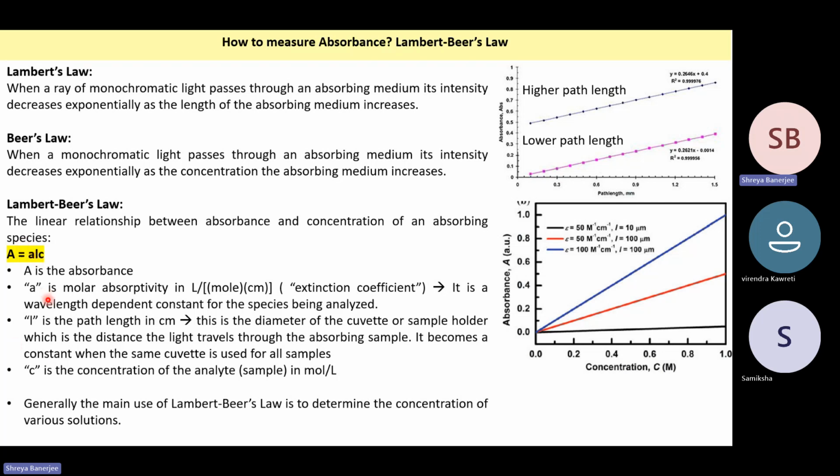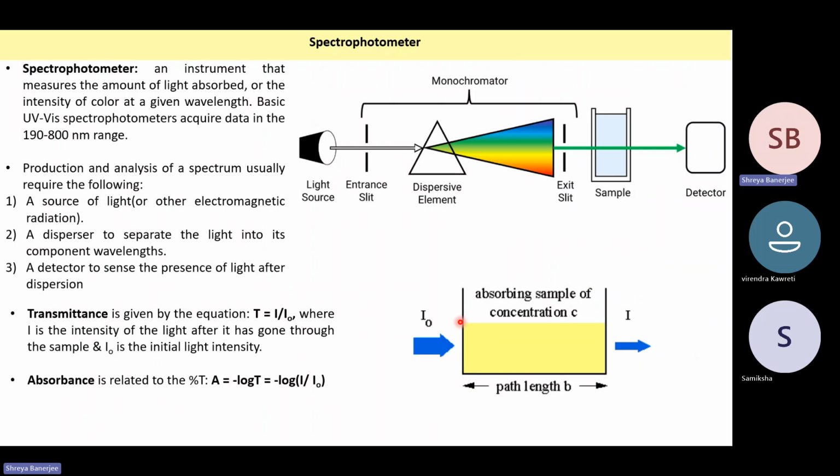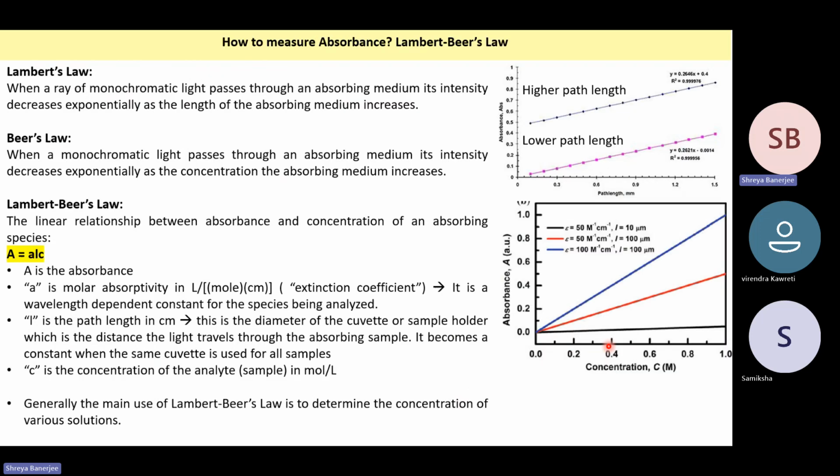You will also know the path length, because the compound is kept in some kind of sample holder, and you know the length of the sample holder. So L is also known. So we can measure capital A. And since on the right-hand side we know small a and we know L, from capital A we can find out the concentration. So from Lambert-Beer's law, the concentration of an unknown solution can be determined.